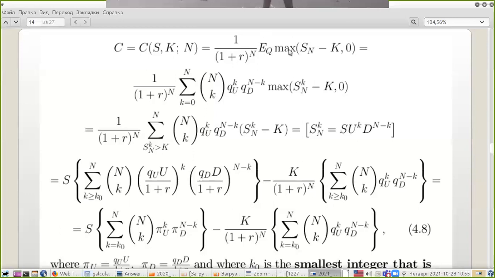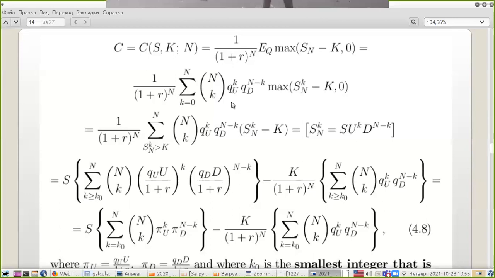And what's the payoff function? It is Sn minus K if Sn is more than K, and 0 if Sn is less than K. And for the mathematical expectation, we need to know the value at the end of the period, and probabilities.